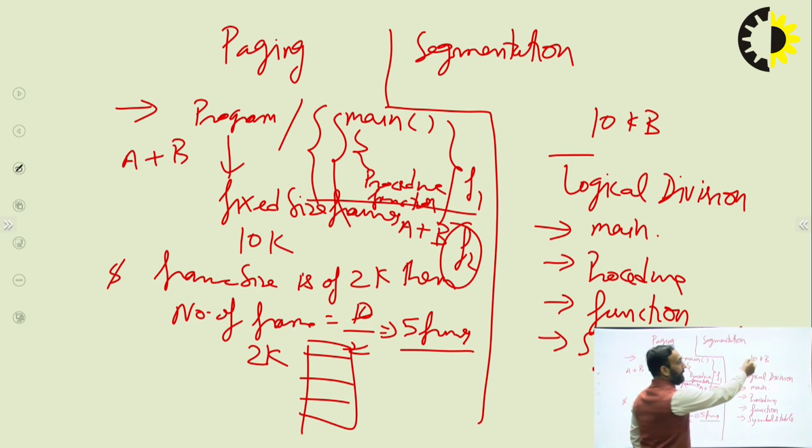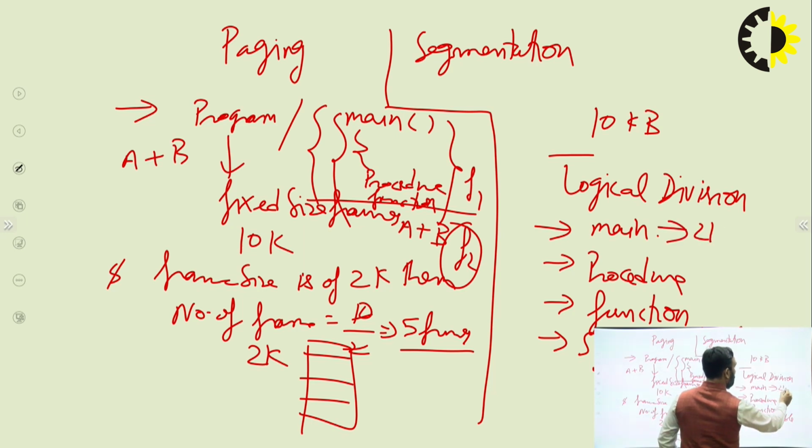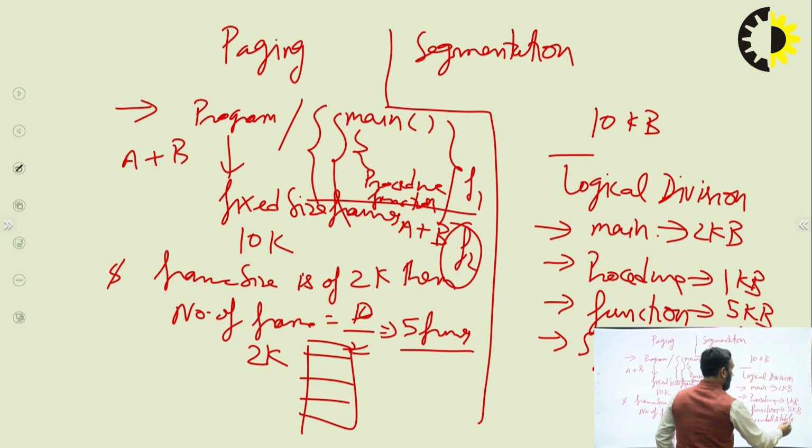For example, of 10 KB, 2 KB is main, procedure is 1 KB, function is 5 KB and symbols consist of 2 KB, right?